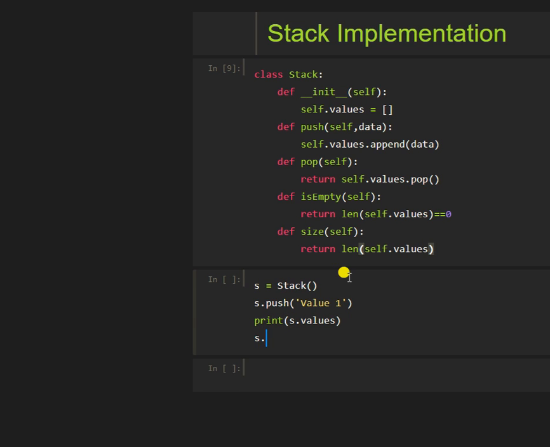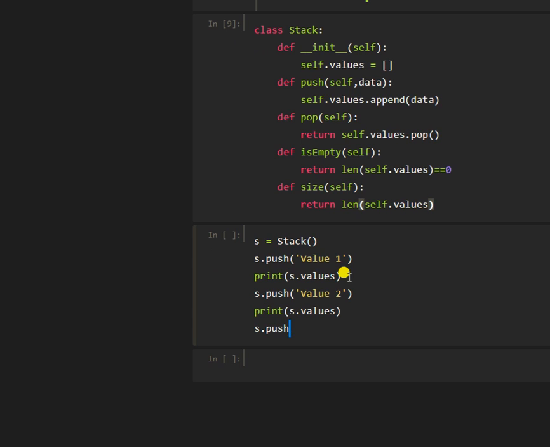Now we'll say s.push value 2, and it will print s.values one more time, s.push value 3, and we are going to print s.values one more time.